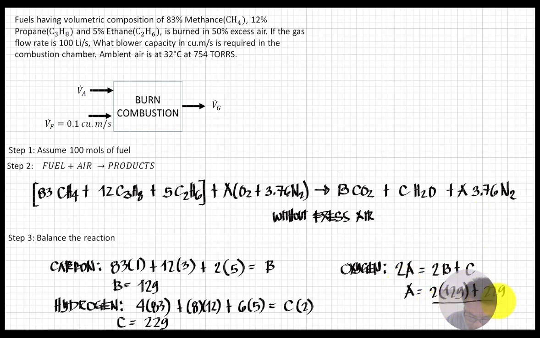Then I'm going to divide this by 2. So we have the value of A, which is equal to 243.5.